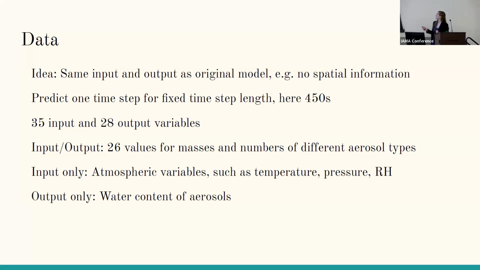The input includes variables that describe the aerosol masses and numbers for different types, like the different modes and species. And they are both input and output. And then we have input-only variables that are atmospheric variables, such as temperature, pressure, relative humidity. And then also we have output-only the water content of the aerosol.